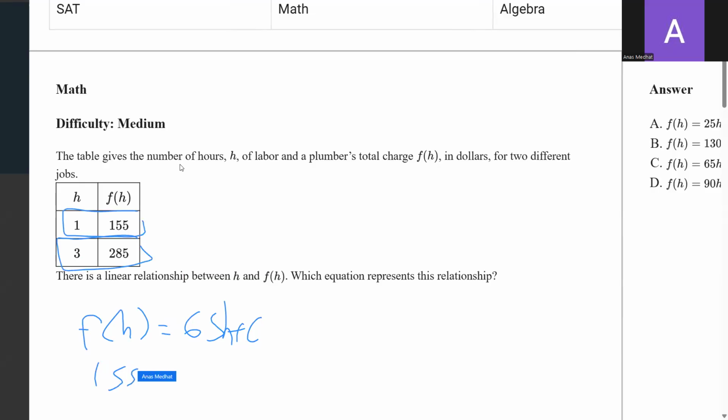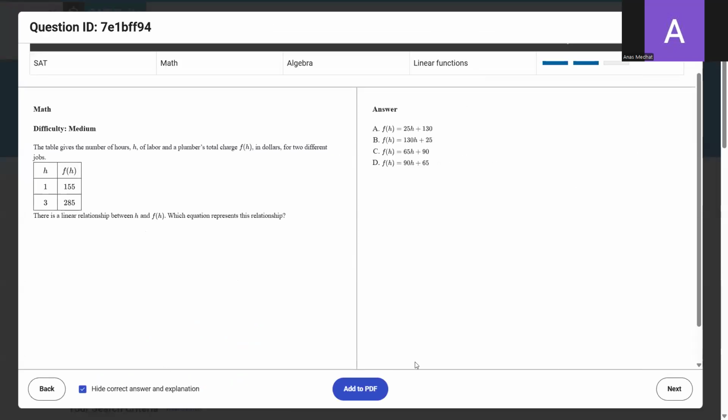Let's substitute and find the y-intercept. B is 155 minus 65, which is 90. So C is equal to 90. So 65h plus 90. The answer is C.